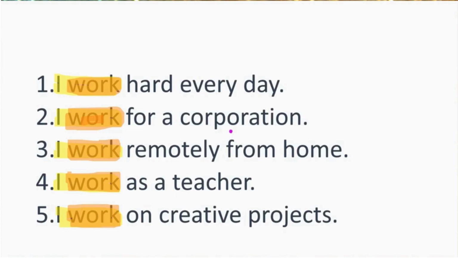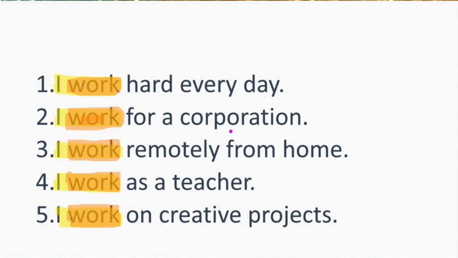You can make longer sentences like I work hard every day. I work for a corporation. I work remotely from home. I work as a teacher. I work on creative projects. But in all sentences, there is a subject I and base form of the verb work.